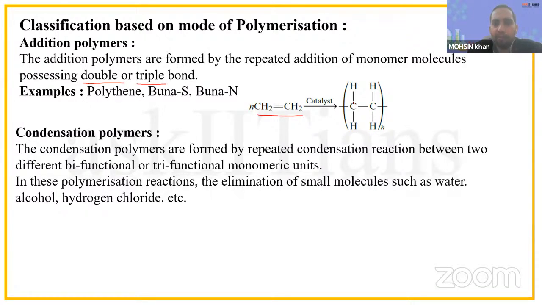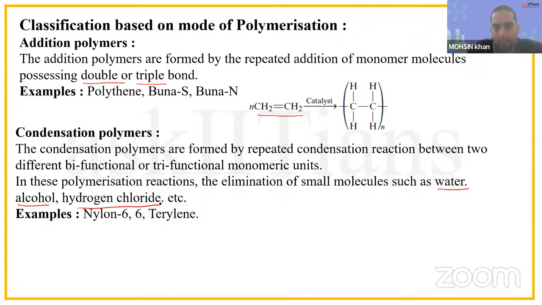In condensation polymer, there is elimination of some small molecules, such as water, alcohol, or hydrogen chloride. So the removal must be there. Water, alcohol, or hydrogen chloride is removed in this type of polymer. For example, nylon 66 and terylene are examples.